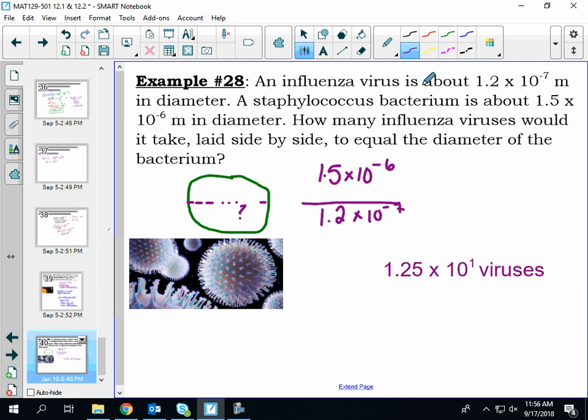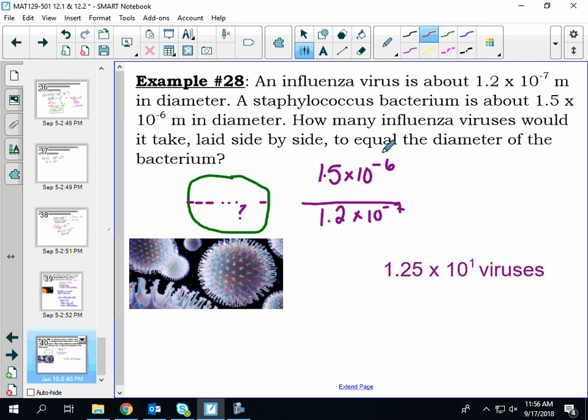So if we look at that, we're taking one large piece, that diameter, and trying to figure out how many things can we fit in it. When we take something large and we break it up into equal-sized pieces, we're doing division. So that's how we know we should take that bacterium, the 1.5 times 10 to the negative 6, and divide it by 1.2 times 10 to the negative 7th.